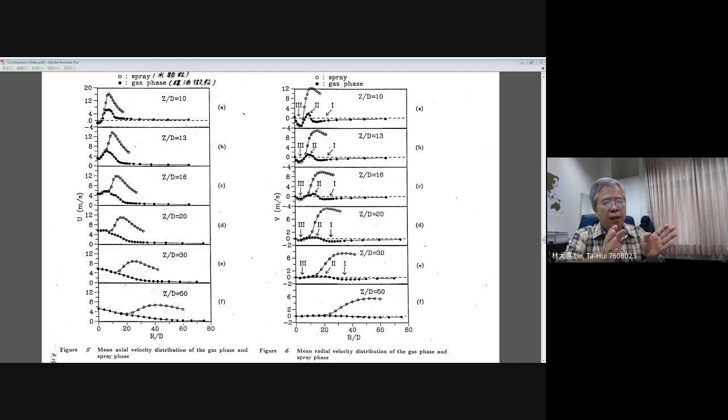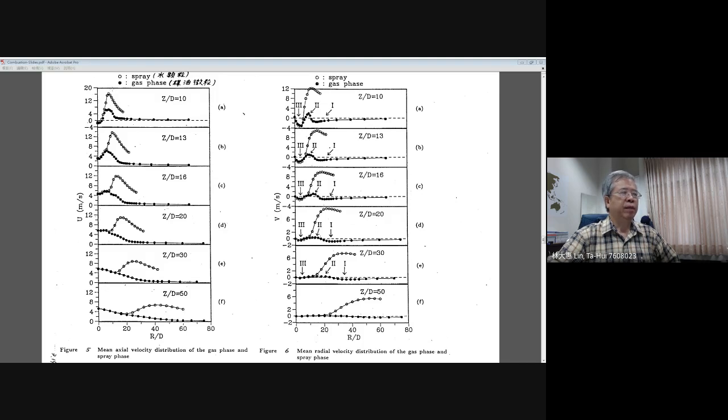Hollow cone spray means that the droplets are more concentrated along the spray boundary, and in the interior of the spray region, there are not too many droplets, and the spray momentum inside the spray cone has less intensity. In this sense, you can see initially there is a smaller axial velocity region. But when you increase the radial distance, they reach the maximum value at this point.